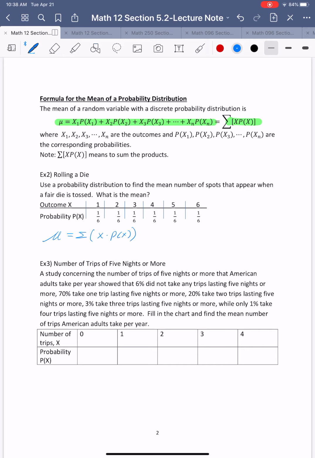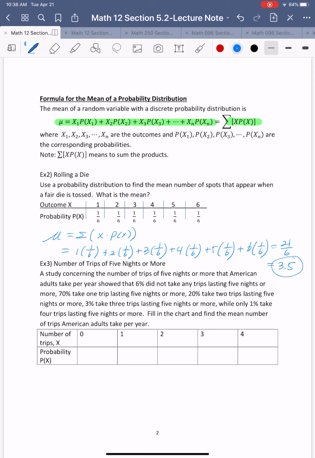So you can do that as 1 times 1/6, 2 times 1/6, 3 times 1/6, 4 times 1/6, 5 times 1/6, and 6 times 1/6, which is 7/2, and that becomes 3.5. Or you can just use a 6 in the denominator, so it becomes 21/6, which of course comes out to 3.5.